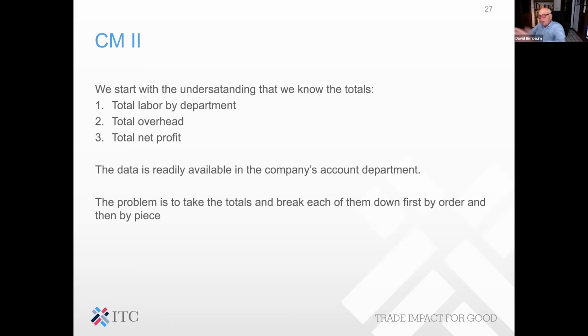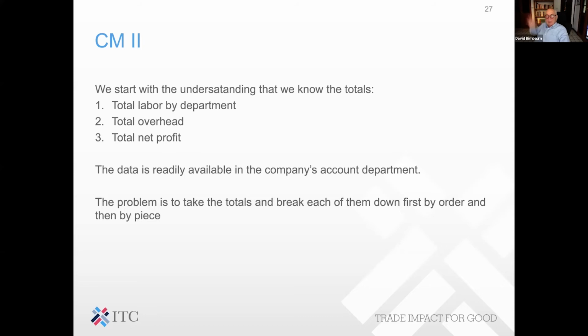You know your total overhead for any period, because it's listed in the books that way. And you certainly know your total net profit. All this information is available in your factory. The problem is to take that bulk information and to break it down first by order and then by piece.